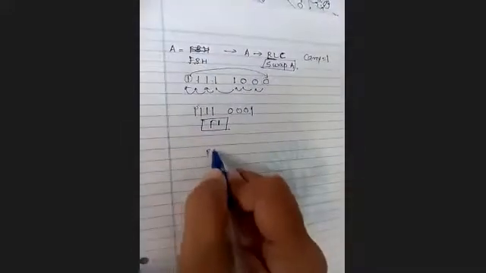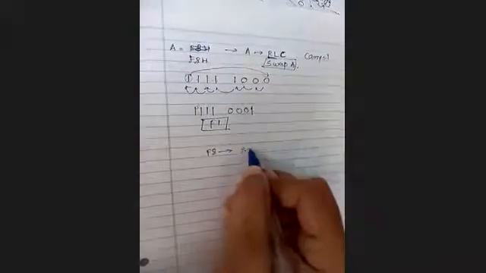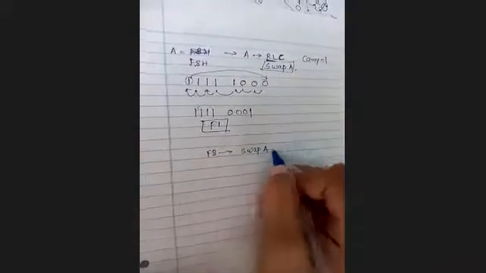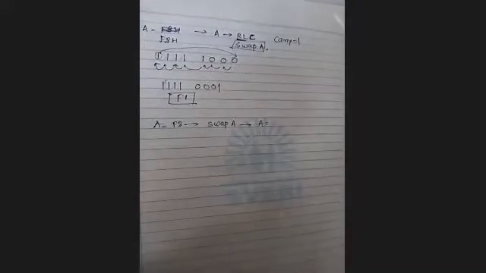Now tell me the answer for swapping of the A. If your value of A is F8, then what is the value after the execution of instruction swap A? A becomes 8F.